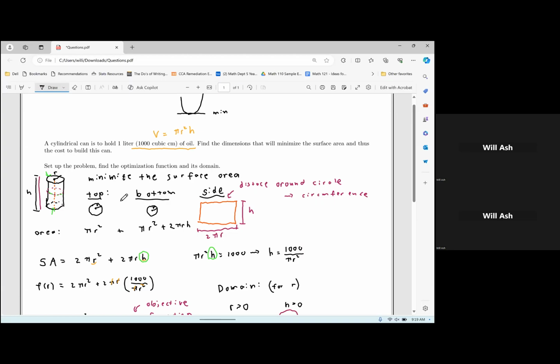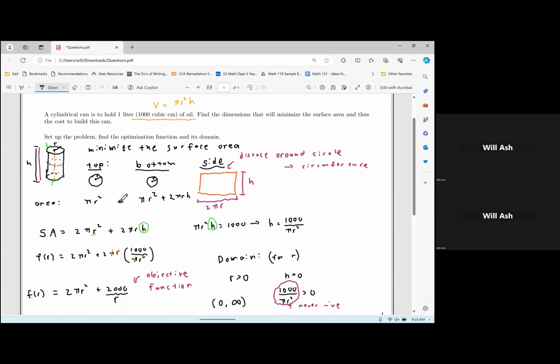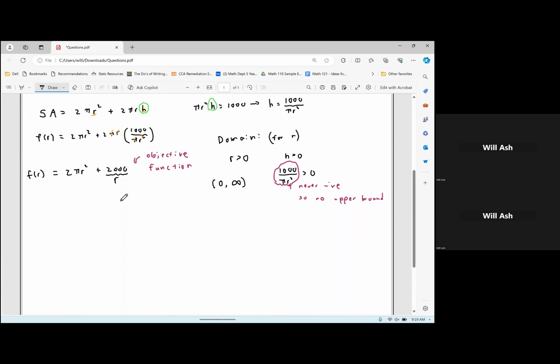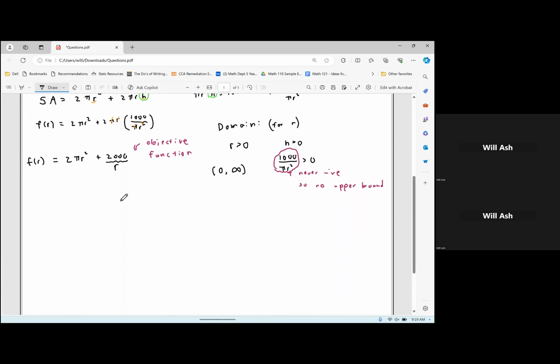Okay, so in this video, we are going to finish the problem that we started in the last video, which is to minimize the surface area of the can that can hold 1,000 cubic centimeters of oil. So we've got our surface area function, which was what we did in the last video. And we're going to find a minimum value at critical values.